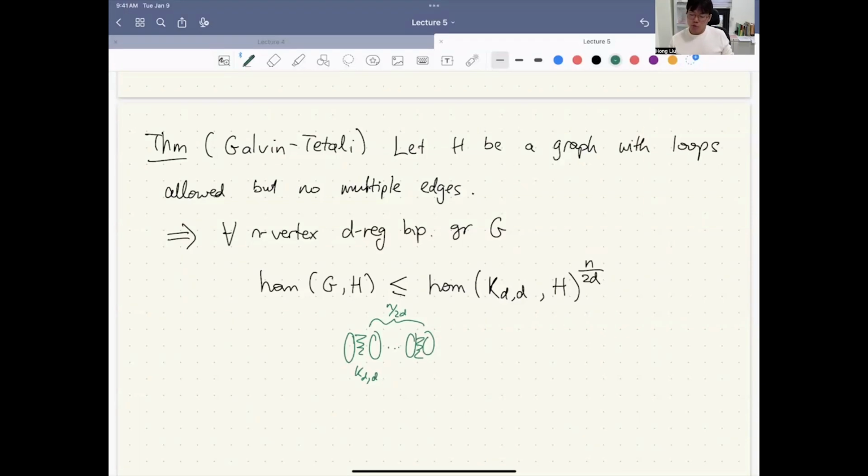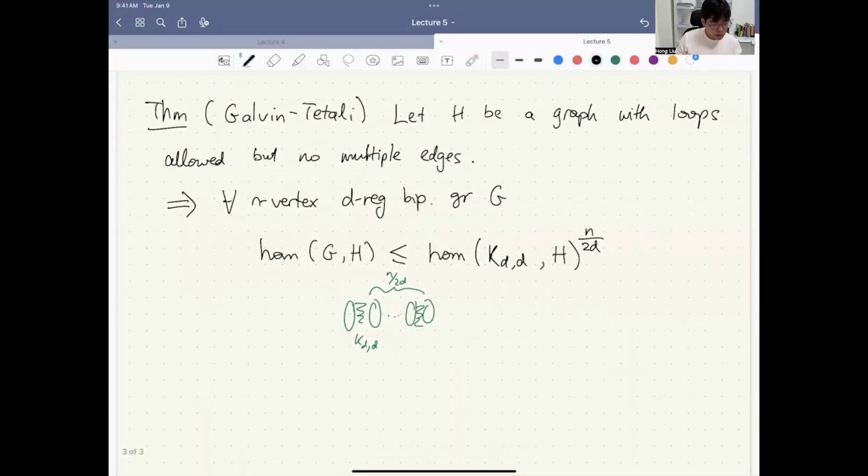The number of homomorphisms from this to H is basically the number of H colorings of KDD, and then each one of them is independent, raised to the power n over 2D. So this is saying the number of H colorings for a regular bipartite graph is maximized when it's a union of complete bipartite graphs KDD.